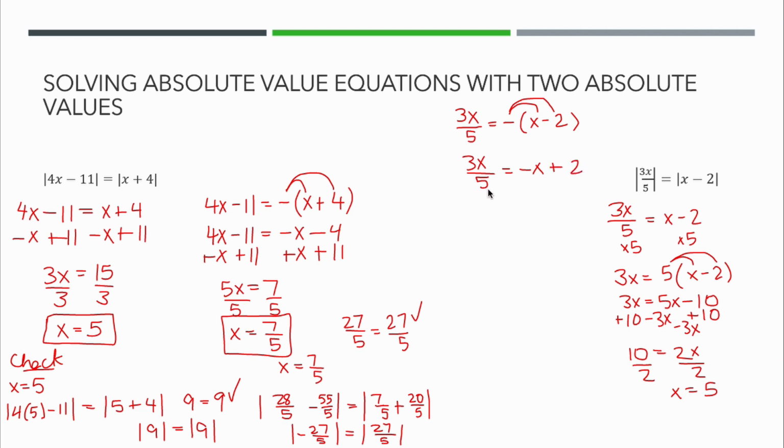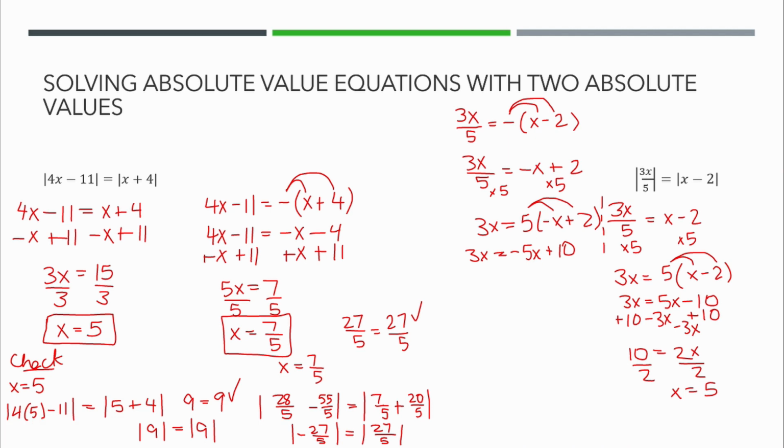Now we multiply by 5 on both sides. Again, that's not an x. 3x is equal to 5 times negative x plus 2. And we distribute the 5. 3x is equal to negative 5x plus 10.